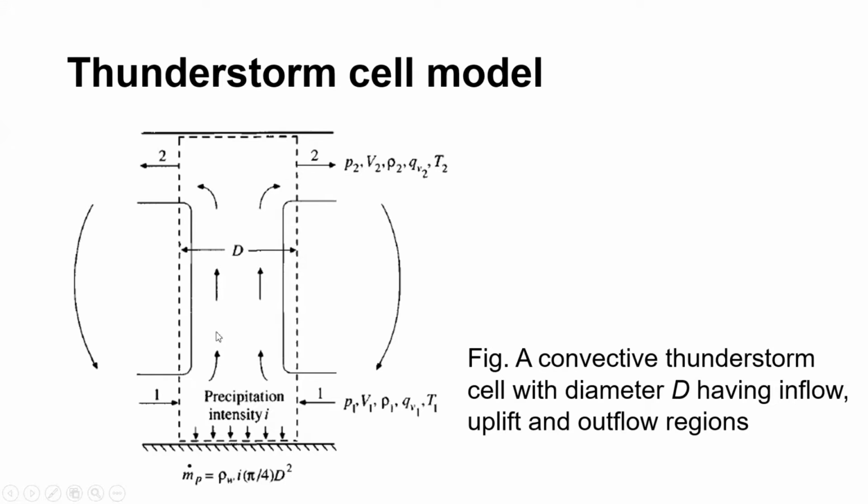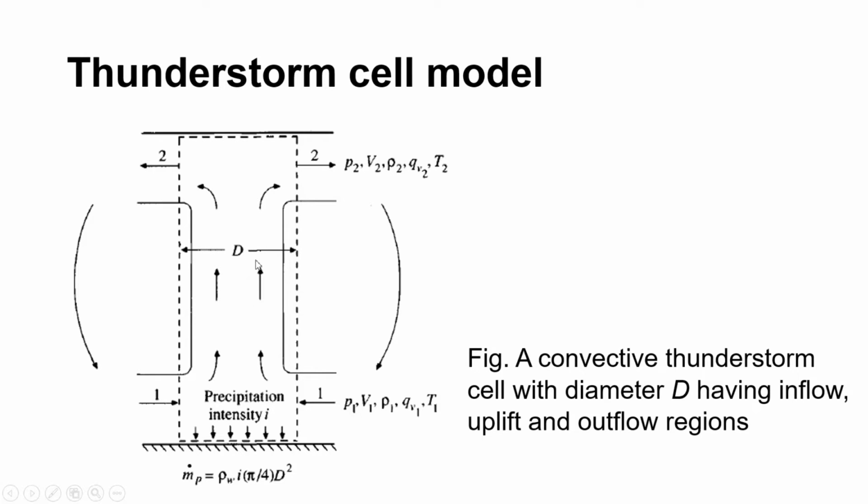This is the model. This dashed line is a control volume, and this control volume has three regions. At the base is region one. This is the inflow region, where the moist air comes into the control volume.